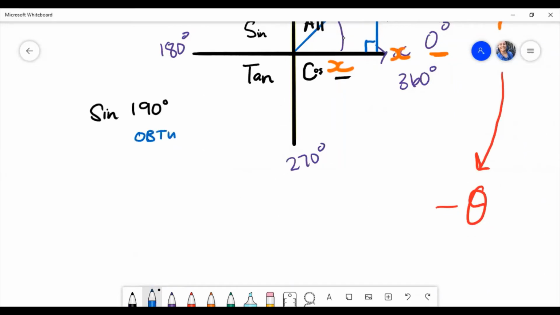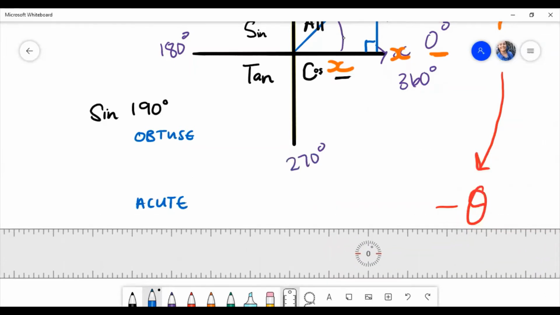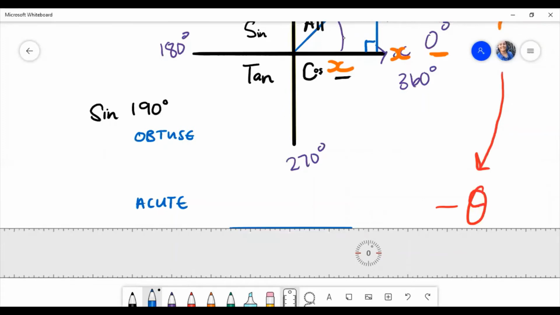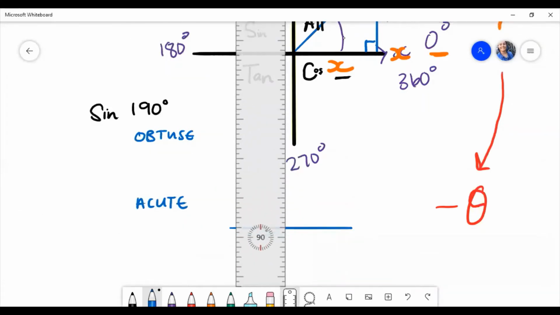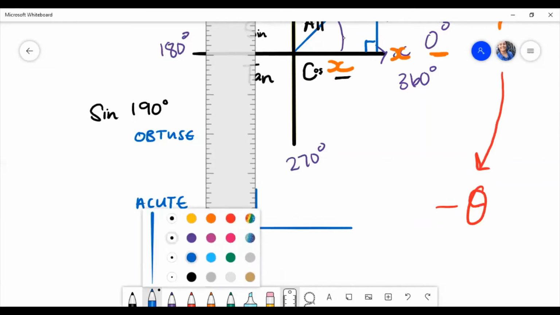And I don't want to work with an obtuse angle. I want to work with an acute angle. And we have this idea in trig, which we actually already know from having studied trig graphs, that there are various angles that will give me the same y coordinate.